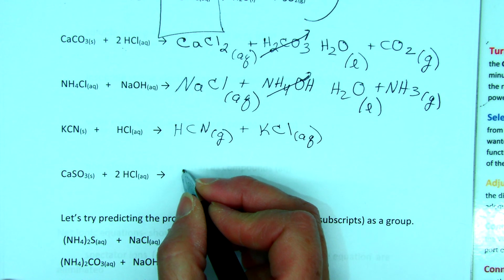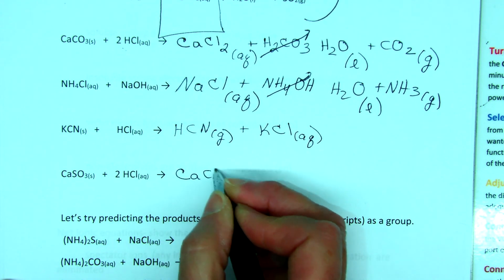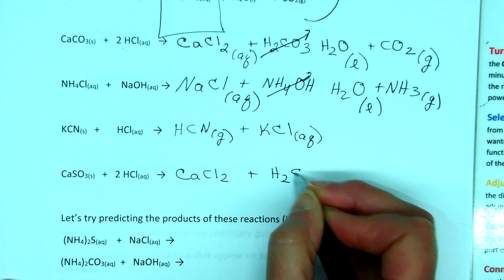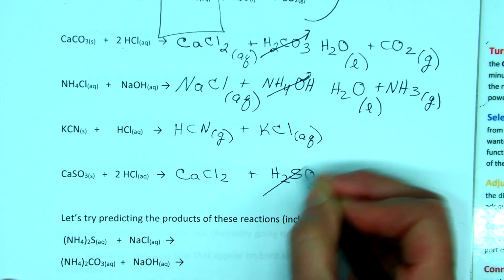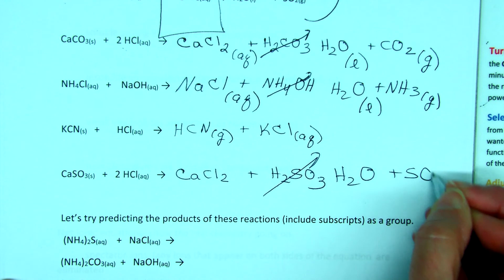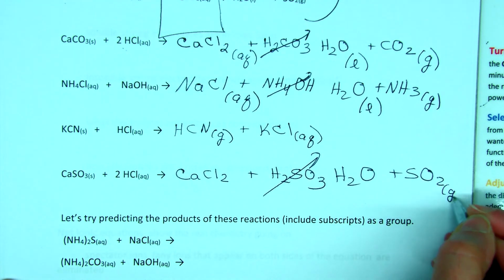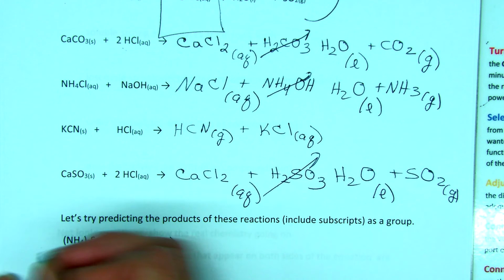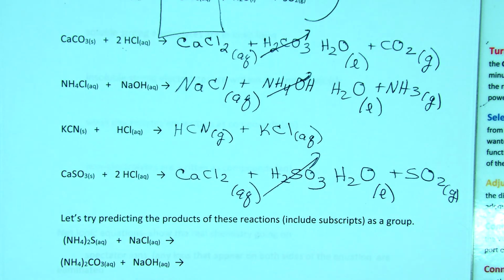I make calcium chloride, write the proper formula, plus sulfurous acid. Oh yeah, one of the funny ones. What I really get is water and SO2. This is a gas, a liquid, and aqueous, and I'm already balanced because I had the 2 in there. So those are examples of all 3 types of metathesis reactions.